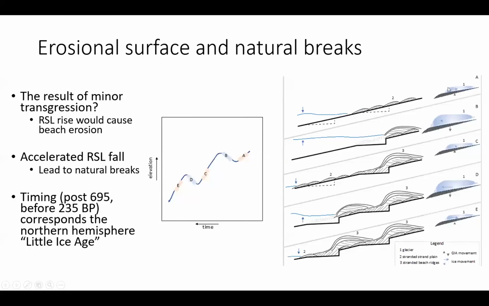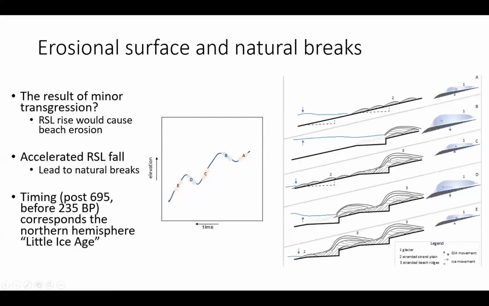So from the LGM, the ice retreated, so sea level fell, and we get these sort of seaward dipping reflections. The ice advances, that depresses the crust, which causes sea level to rise. We get erosion, the creation of the scarps. The deeper water brought closer to shore allows overwash to be preserved. The ice then retreats.